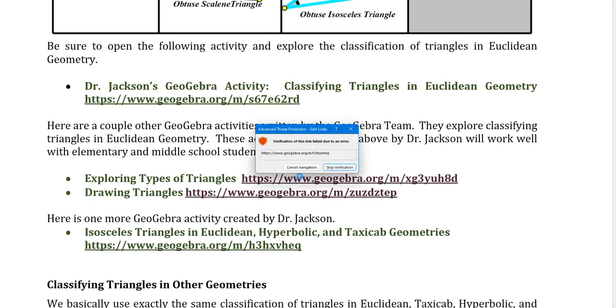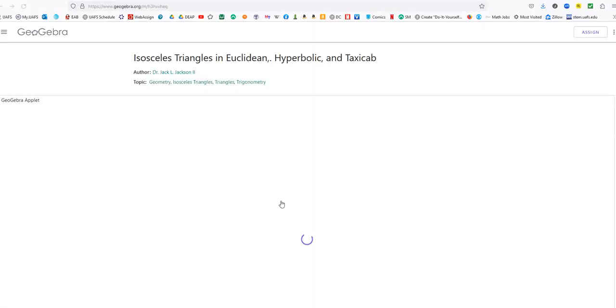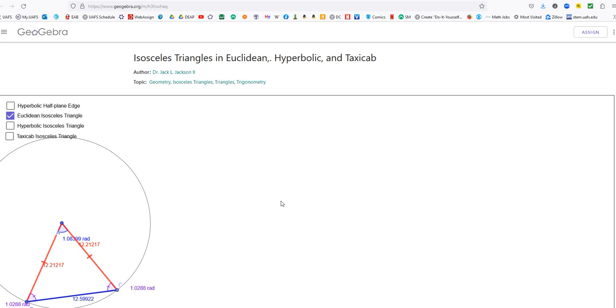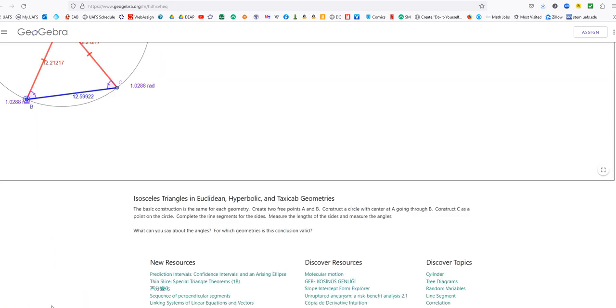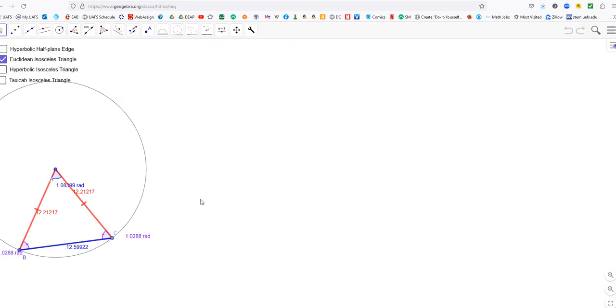Here's one more. Now this one is one that I made. And this one we're going to be going into not only Euclidean geometry, but hyperbolic and taxicab geometries as well. So, but specifically, let me open in the app. But specifically, we're going to be looking at isosceles triangles in all three.